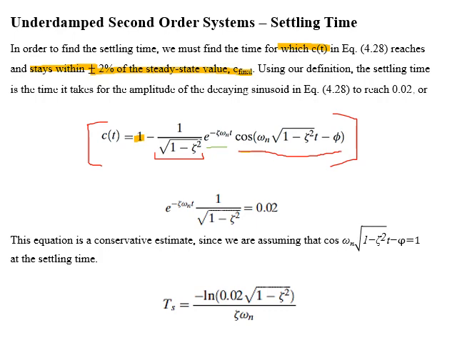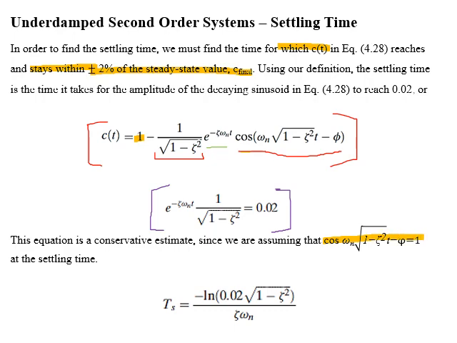Now we know that the maximum and minimum values of the cos function are plus 1 and minus 1. For the response of the system to stay within 2% of the final value, 1 over square root of 1 minus zeta square multiplied by exponential power minus zeta omega n t must be equal to 0.02, and the cos function also has value plus 1 here.